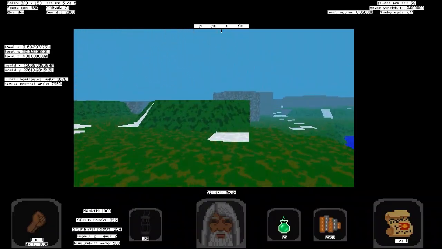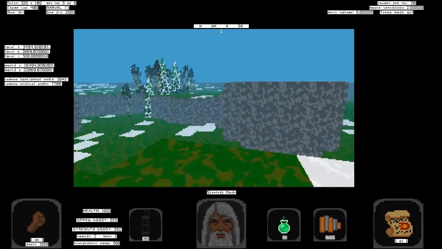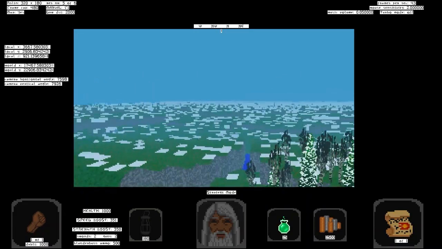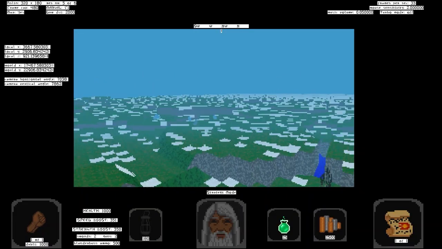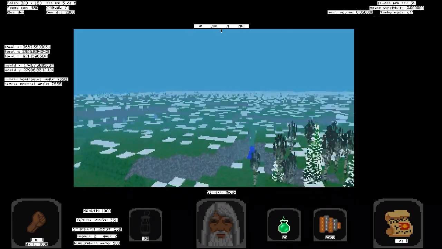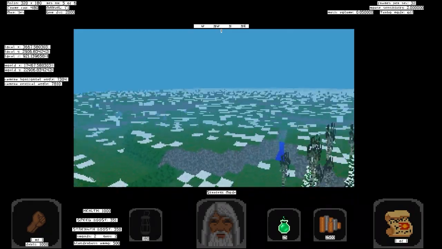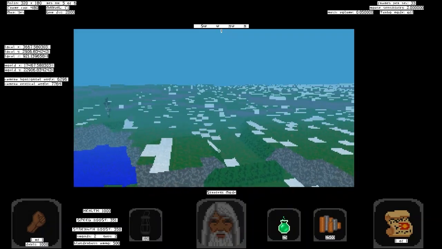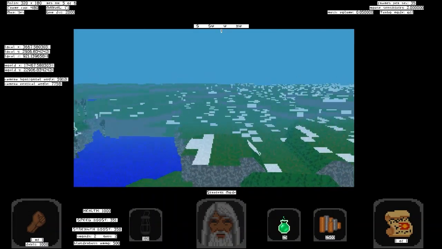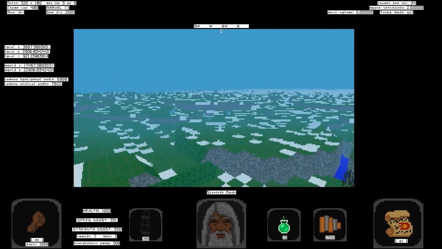I usually try to find a high cliff and sort of jump into the air and then use the strategy mode to get a high perch. Now here you can see that especially in this kind of middle distance, there's a great deal of flickering, you might say, a sense of instability.